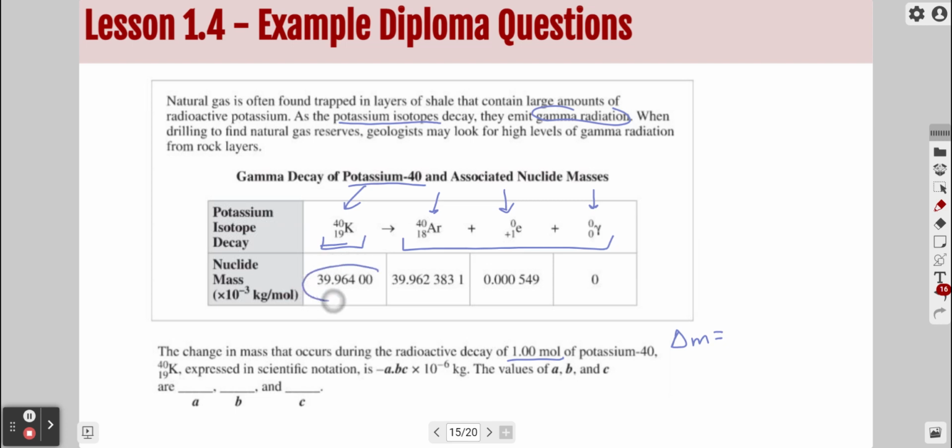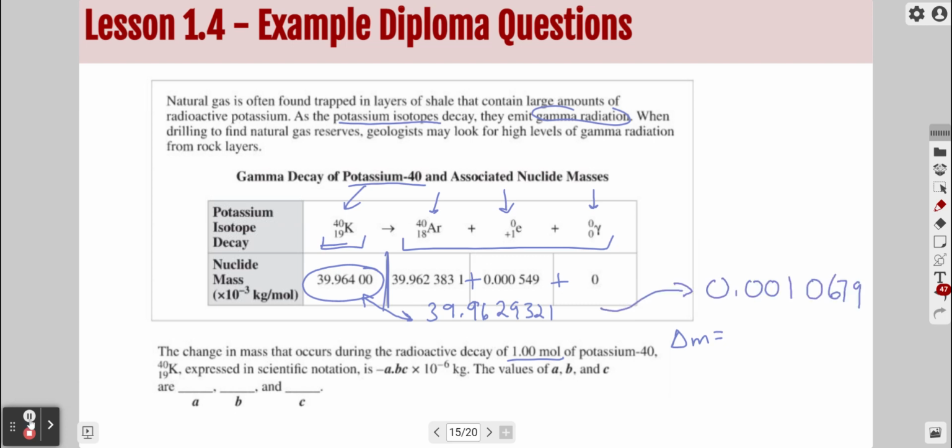So you can see the reactants mass is here, and then we just need to add up all of these masses of our products and then see what the difference is between the two sides of the reaction. All right, so I've added these two together. So we need to now find the difference between these two numbers.